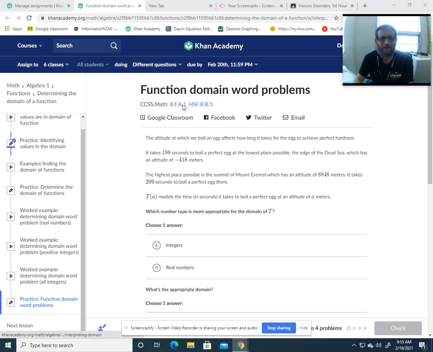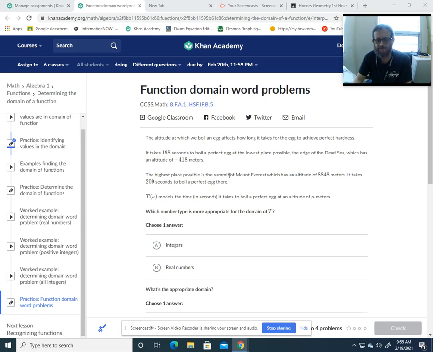But for right now, we're going to focus on function domain word problems. It says the altitude at which we boil an egg affects how long it takes for the egg to achieve perfect hardness. It takes 198 seconds to boil a perfect egg at the lowest place possible, the edge of the Dead Sea, which has an altitude of negative 418 meters.